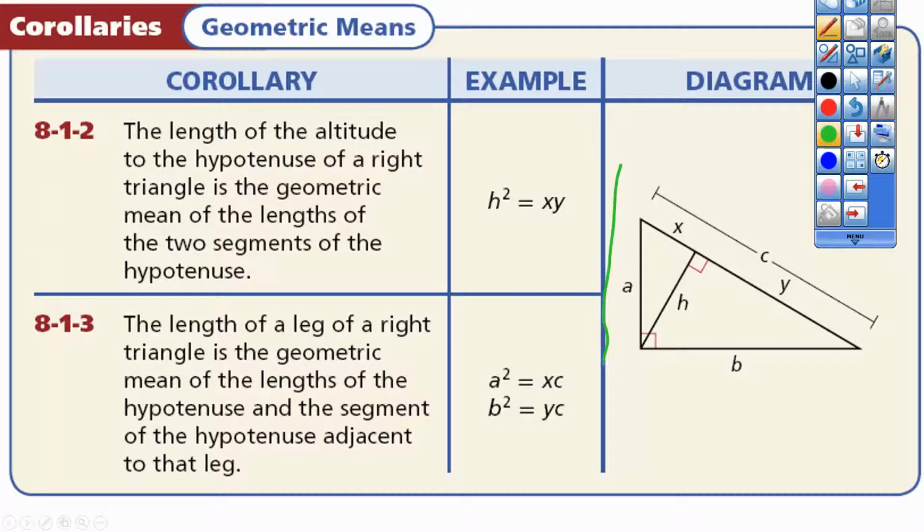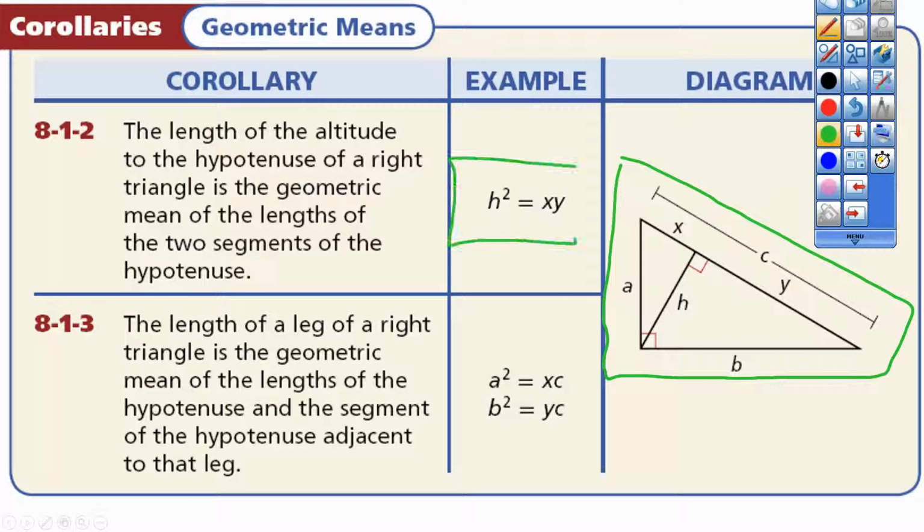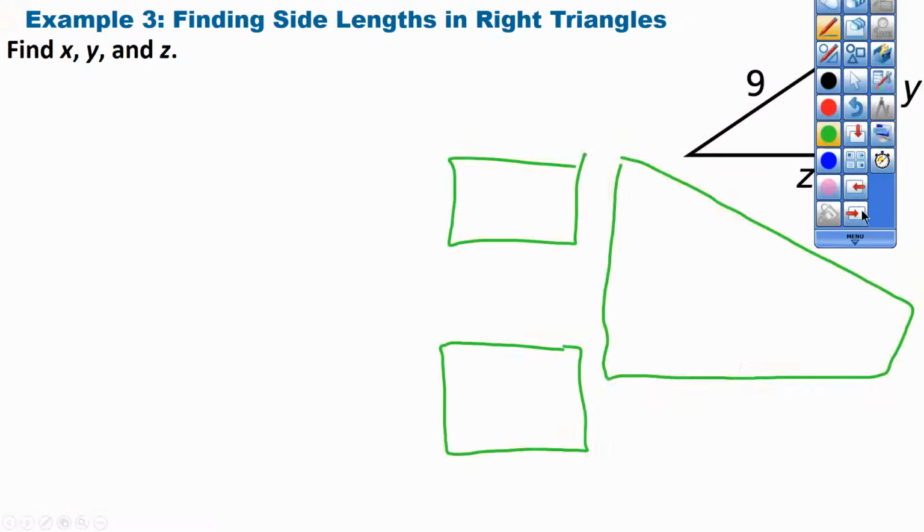So I want you to draw this out right here, and then I want you to put these down, because we're going to be using these in our next problems. So go ahead and pause the video if you need to, and I'm giving you a minute so you can get that copied down and then continue on.